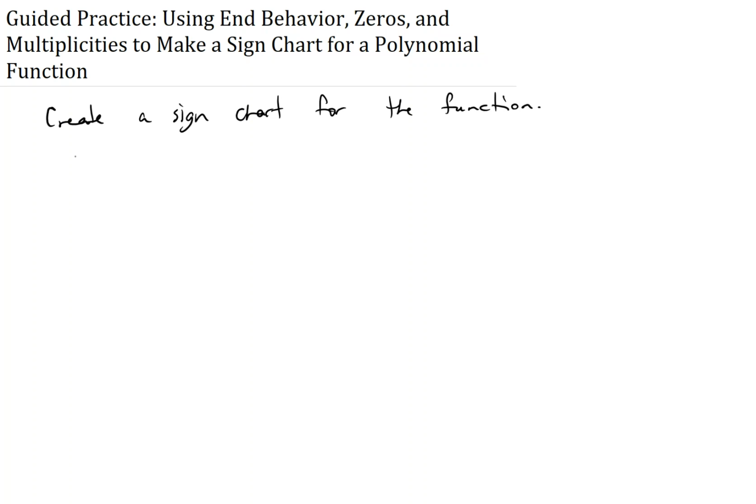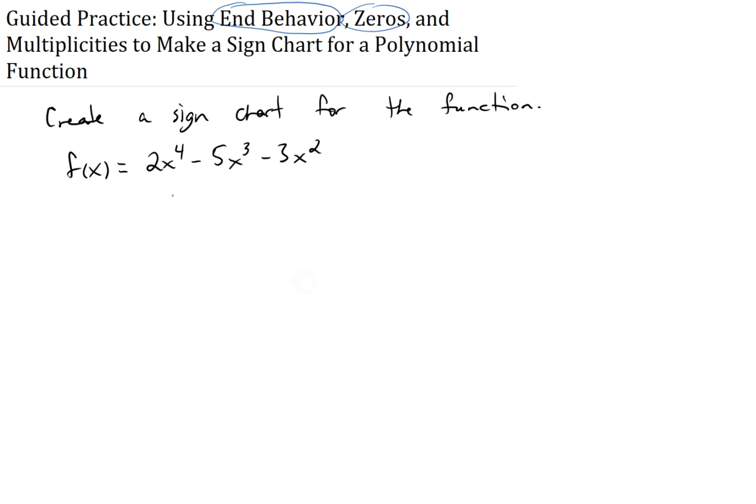So the function we're going to work with is f of x equals 2x to the fourth minus 5x to the third minus 3x squared. A couple useful things to know when creating a sign chart are end behavior and zeros, and of course with zeros it's nice to know their multiplicities.